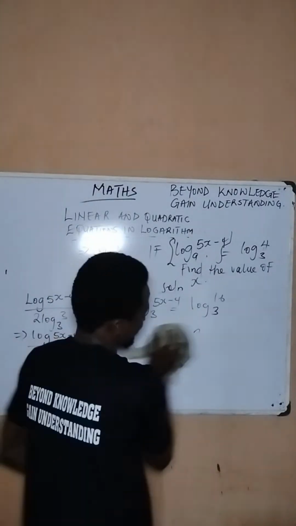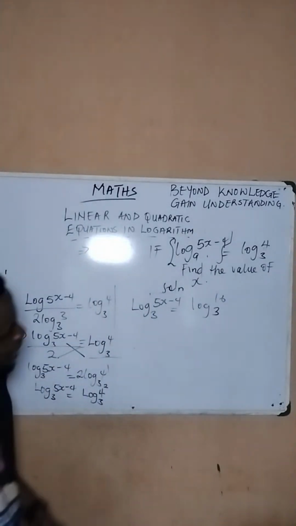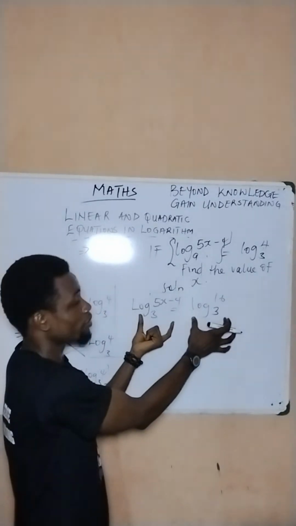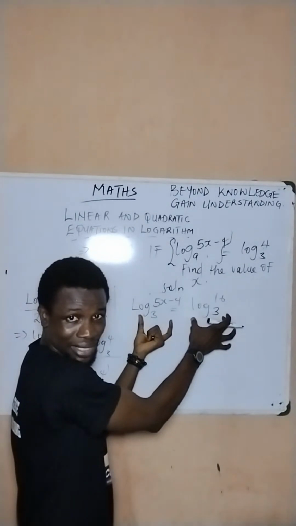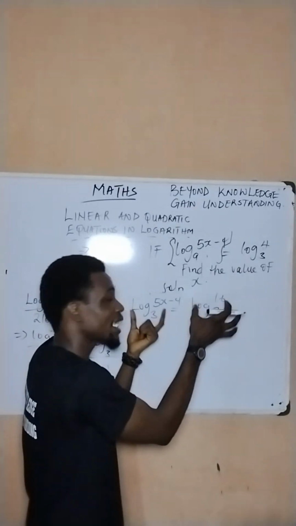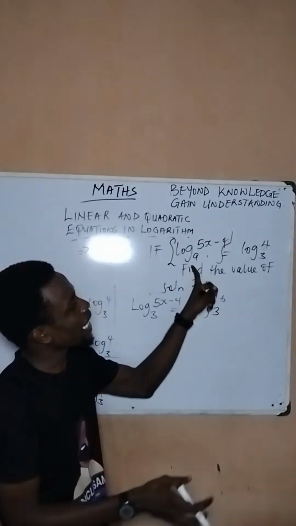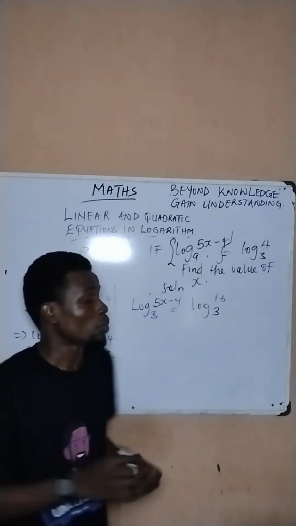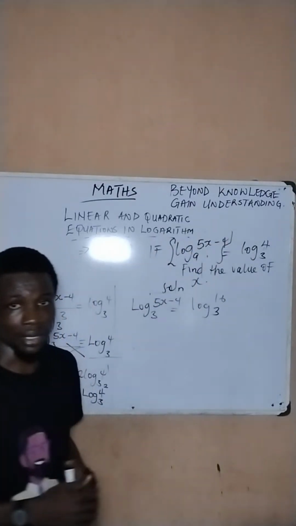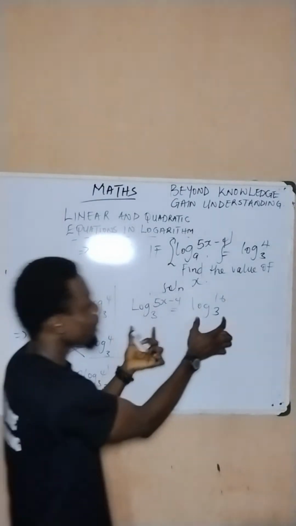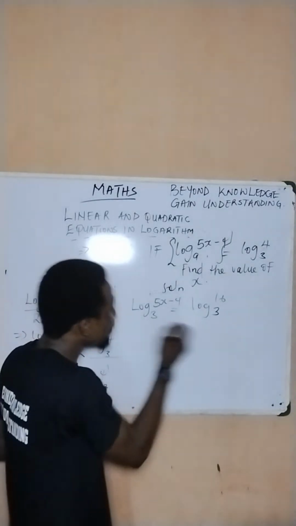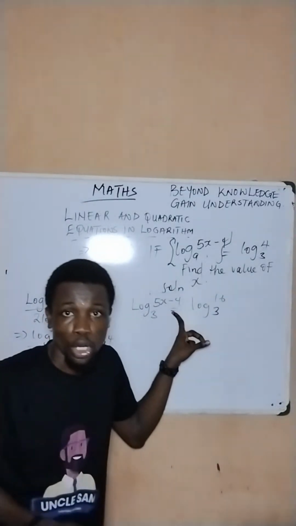What are we going to do? We're going to simply say that since the bases of the logs are the same, which is why we had to do a change of base so that we'll have a correspondence between the base on the left and the base on the right hand side, it implies that their arguments must be the same thing.